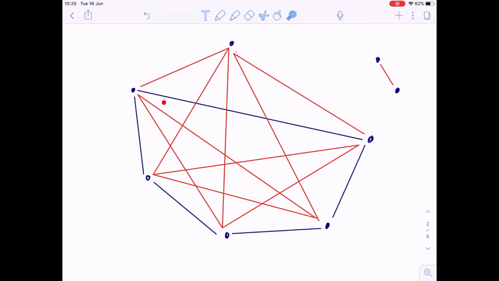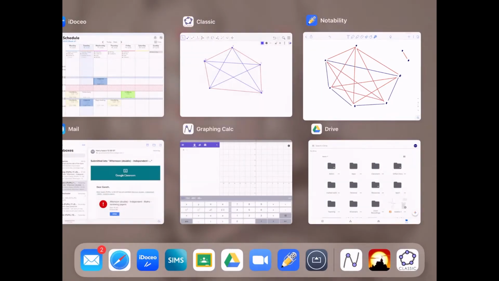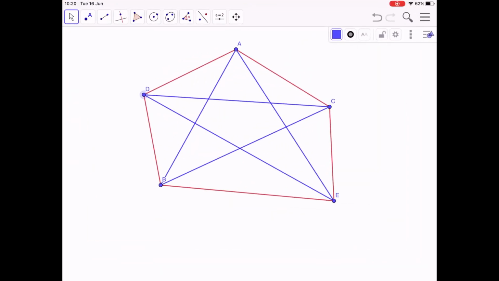Now, some of you might be saying, well, what if the border here was red and the interior was blue? I'm just going to show you that it wouldn't matter, because if we shuffle these nodes around a little bit, we can always end up with a border that's blue. In fact, I'll just go over to GeoGebra here.